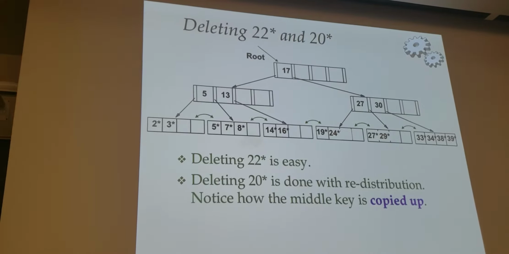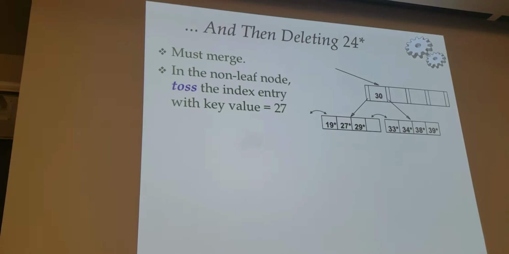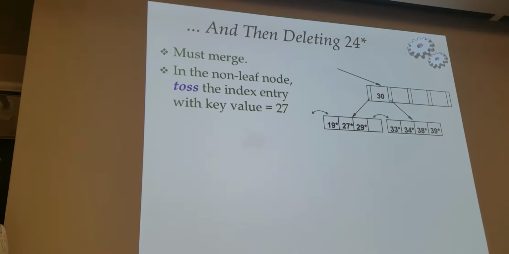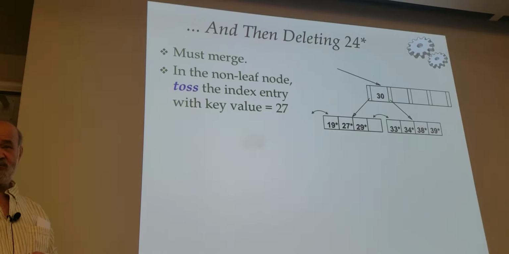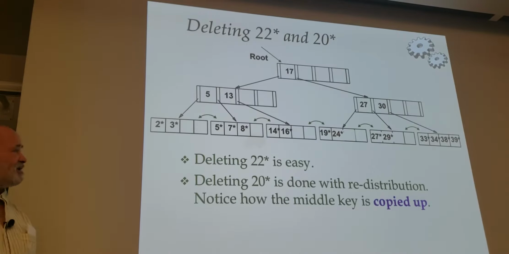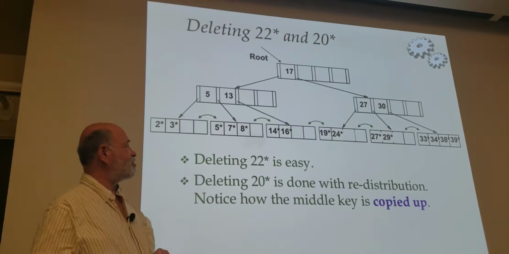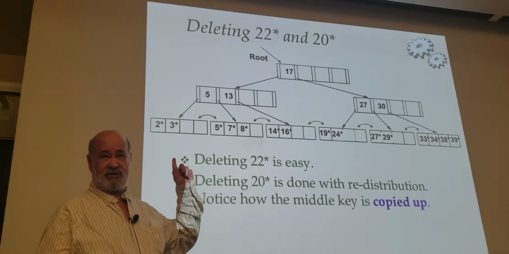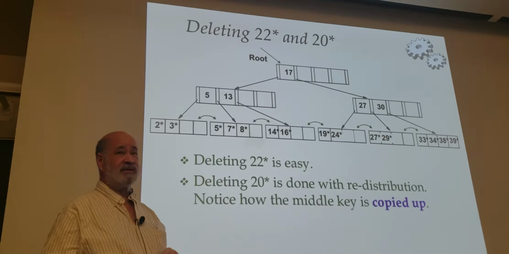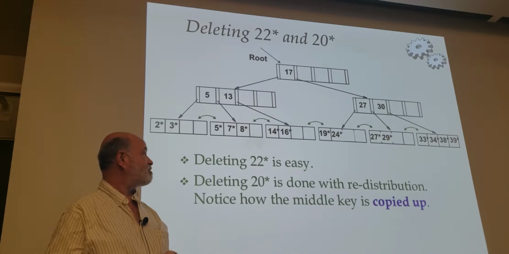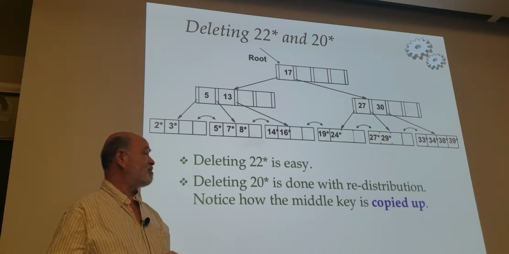So we take the 19, 27, 29, and we end up putting them together. Okay, so we get 19, 27, and 29, but having done that, notice what happened to the traffic cop above. When we did the merge of the 19, 27, and 29, we didn't need 2 traffic cops up above. We only need 1 traffic cop up above. And that traffic cop just has to point to 30, it doesn't have to point to 27.